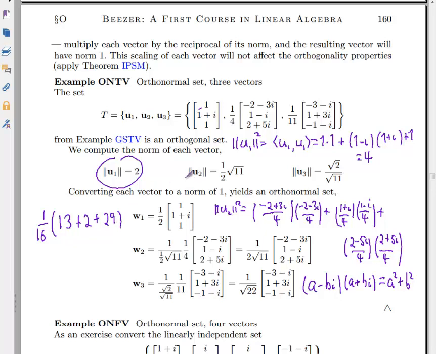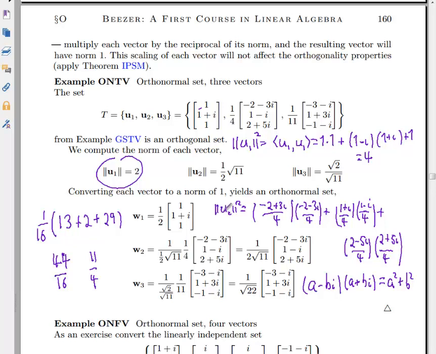Okay, if you add all this together, it looks like it's 44. So I have 44 over 16, and you can see 4s cancel, so that's the same as 11 over 4. And you can verify that the square root of 11 over 4 is the square root of 11 over 2.